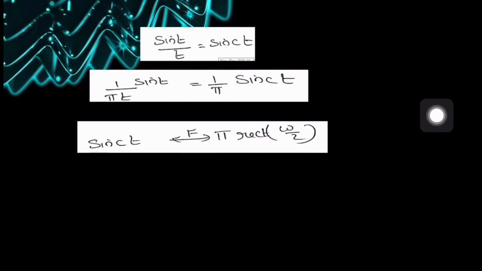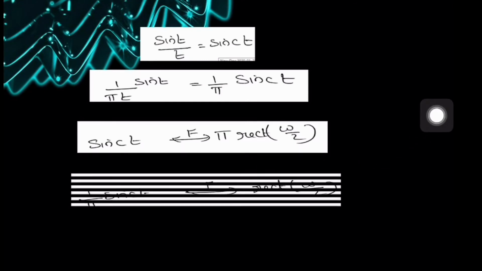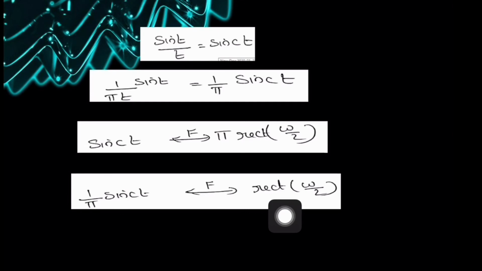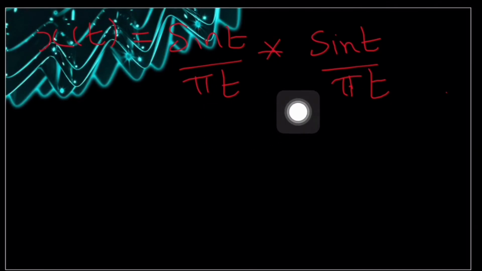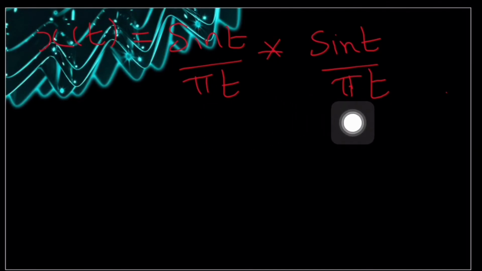Hence, we can write Fourier transform of sinc t by pi as rectangular omega by 2. Got it? In our question, the continuous time signal x of t is expressed as sin t by pi t convolution sin t by pi t.